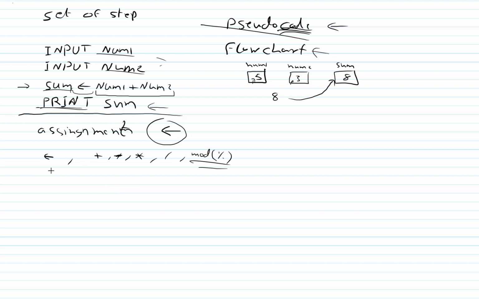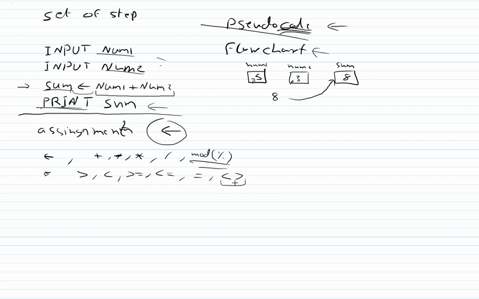Also, you need to be aware of other types of operators like the relational operators and logical operators: greater than, less than, greater than or equal, less than or equal, equals. Here in algorithms we use equals and not equal.